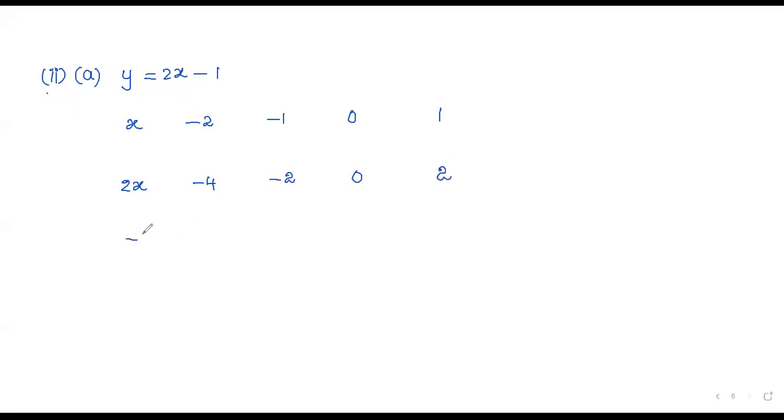Then you want to add the negative 1 to all the columns here. Right? So then the next one you write 2x minus 1. So this becomes negative 5, negative 3, negative 1 and positive 1. So then the y values are the same values, negative 5, negative 3, negative 1 and positive 1.